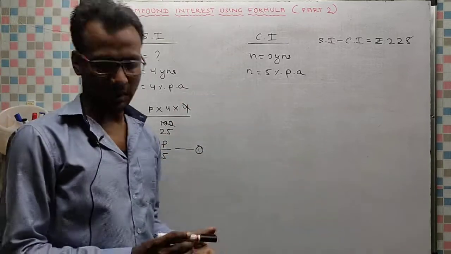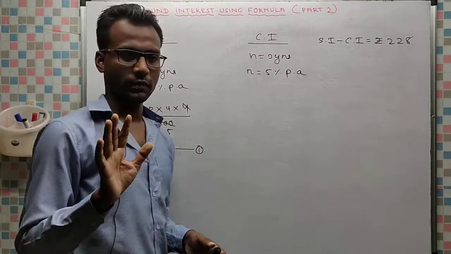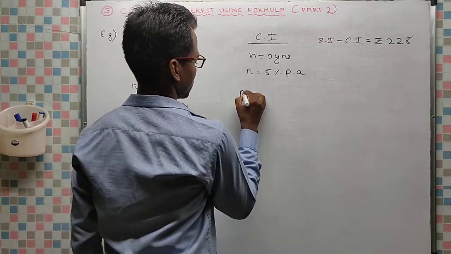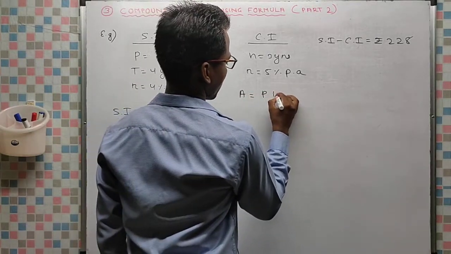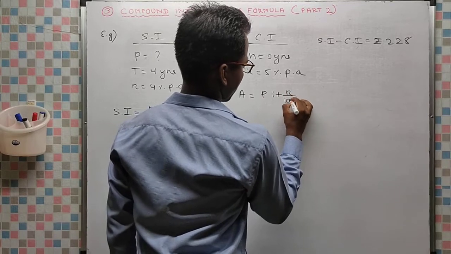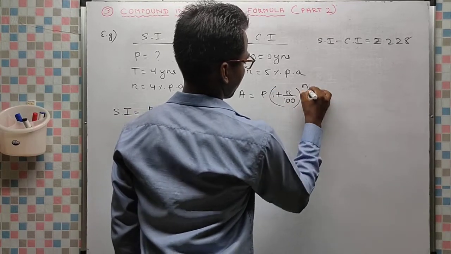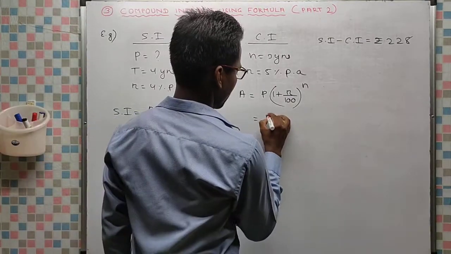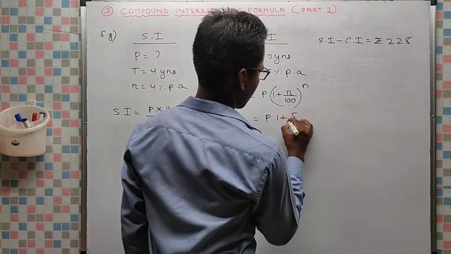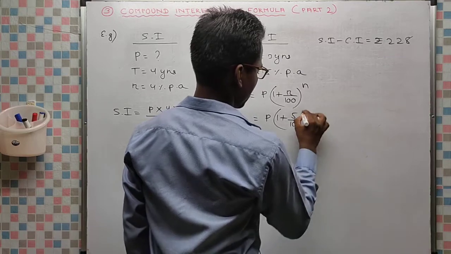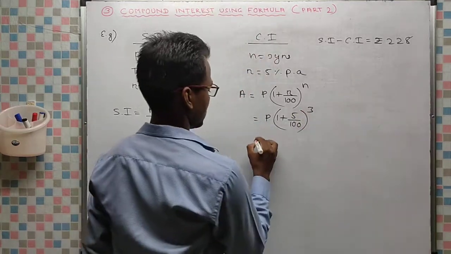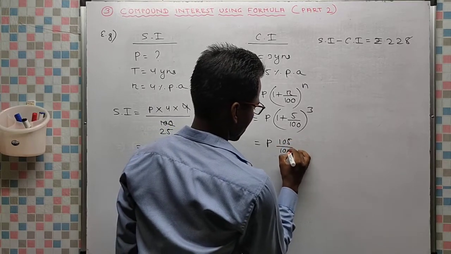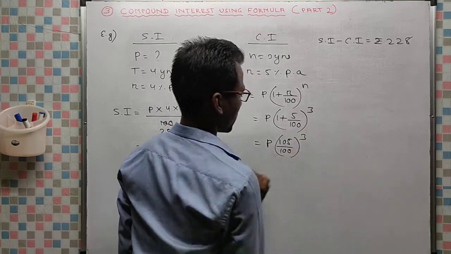Now let us go for CI. I told you not to use the formula for CI, so let us find the amount only. Amount is equal to P into 1 plus R by 100 power n. Principal we don't have. Rate is 5% by 100, time is 3 years. P into 105 by 100 power 3.